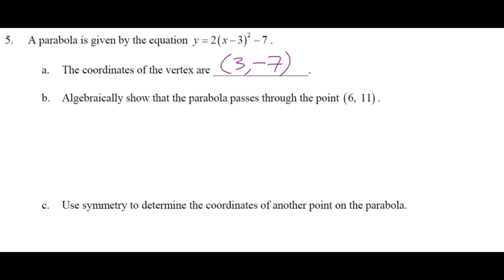So here's where we're starting. I'm just going to rewrite this. y is equal to 2(x minus 3) squared minus 7. I always like rewriting stuff that's kind of obvious just because then I've got a full solution. If you just start on the next line, which is 11 equals blah, blah, you might get yourself confused if you're looking back at it. You'd wonder where the original is.